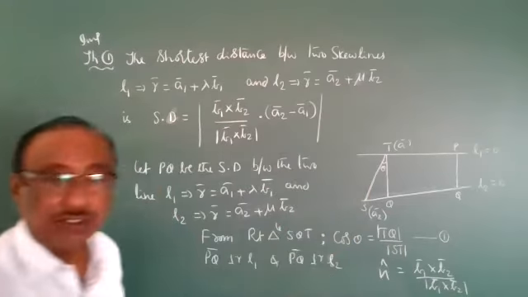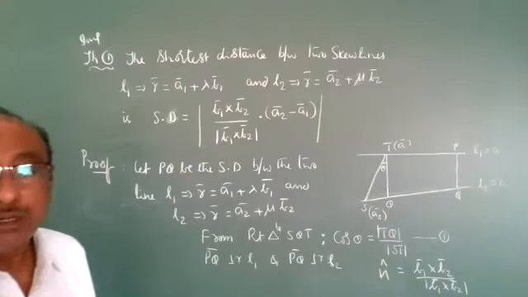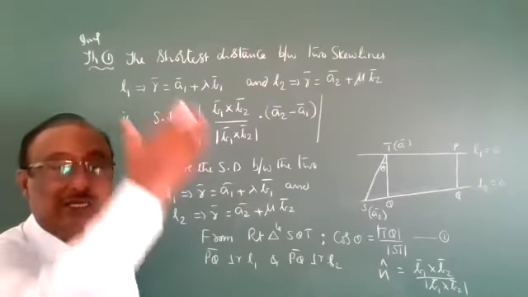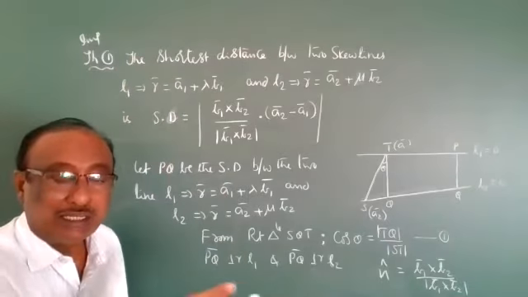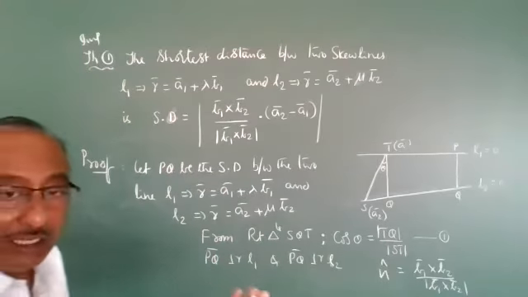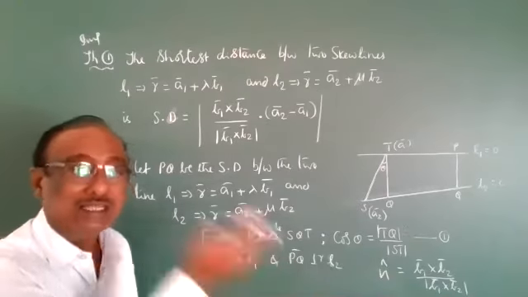The direction is also completed. For only direction ratios we write they give the direction, but this is a unit vector. N cap is indicating the direction of the PQ: upside, downside, inside, outside. If we get the positive it means outside, if we get the negative it means inside.